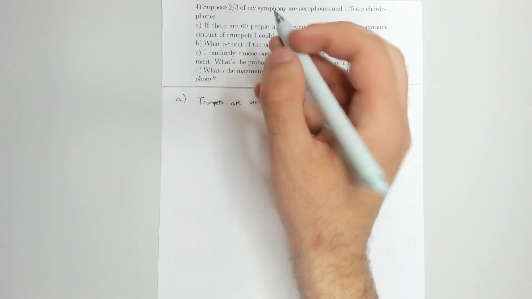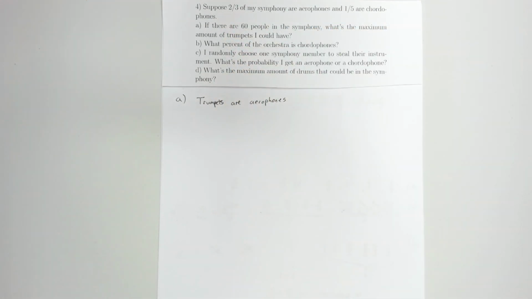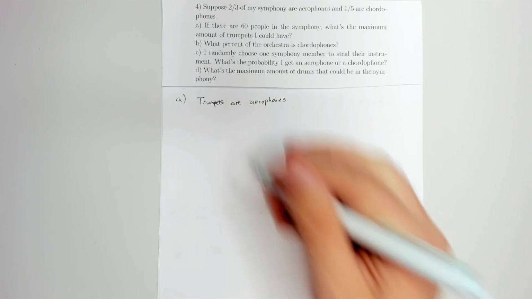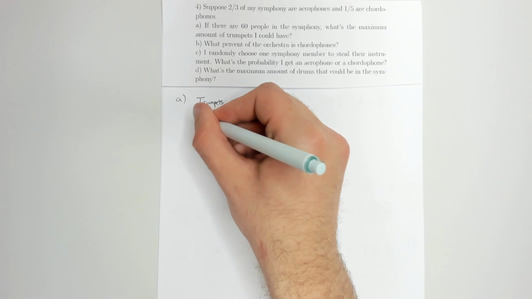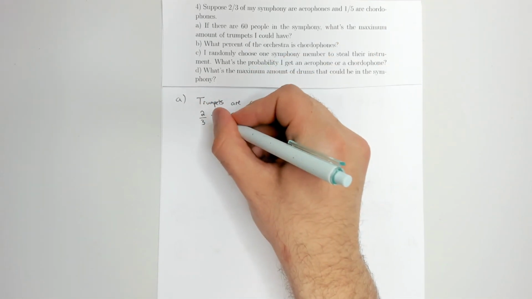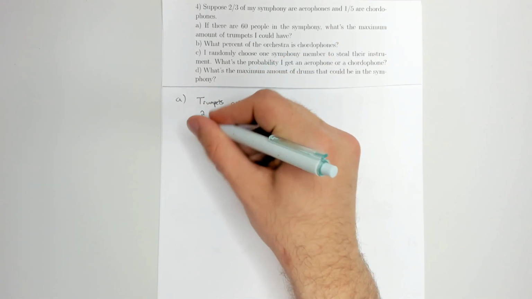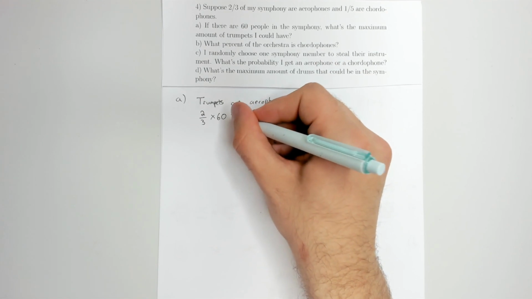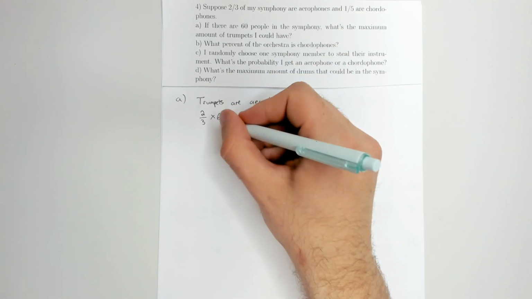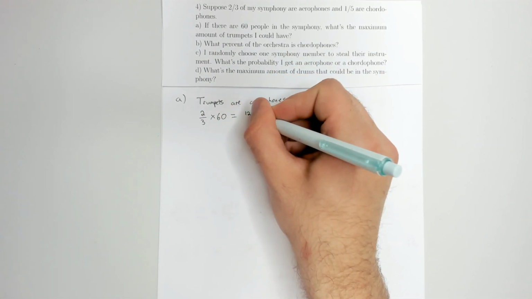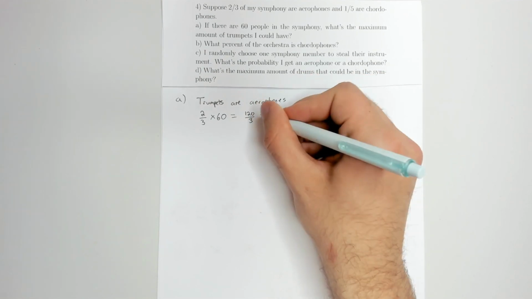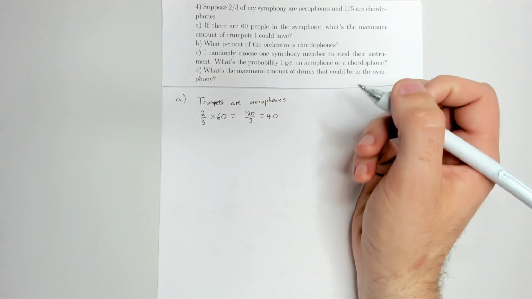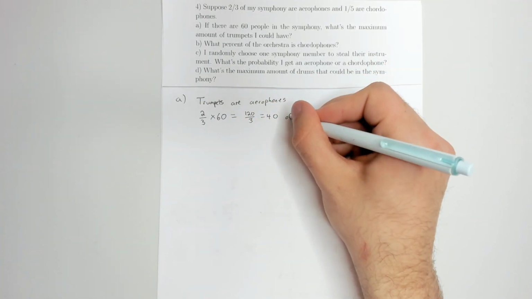So all we have to do is basically apply this proportion of 2/3 to the 60, and that will tell us basically how many instruments in our symphony are aerophones, and then that's going to be our maximum amount of trumpets. So if we take our 2/3 and we multiply it by 60, right, that's applying our proportion to the 60, then what this is going to be is we will get 120/3, and that simplifies to 40. So that means 40 of our instruments are aerophones.